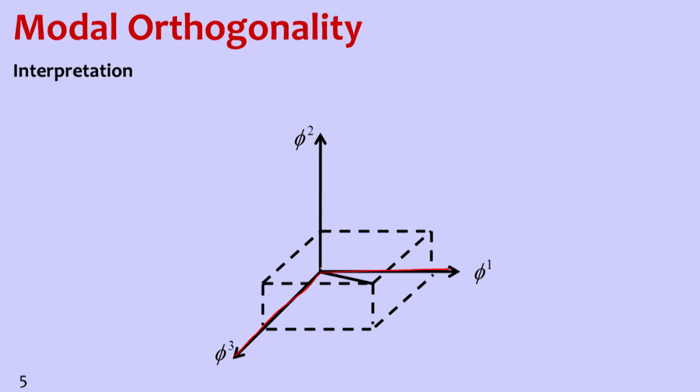Then any line you draw for each mode shape in the coordinates, these 3 lines will be perpendicular to each other. So this is mode shape 1, mode shape 2 and mode shape 3. Mode shape 1 is perpendicular to 2 and 3, mode shape 2 is perpendicular to 1 and 3, and mode shape 3 is perpendicular to 1 and 2. That is what modal orthogonality is.